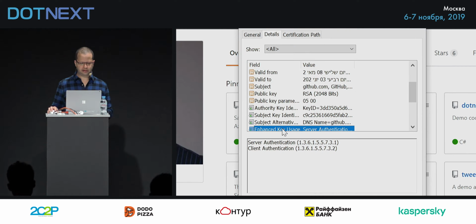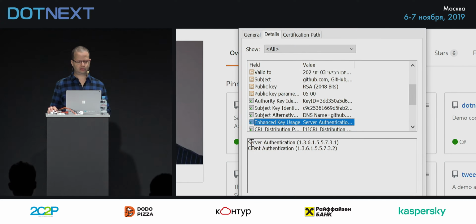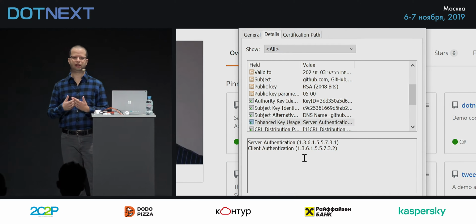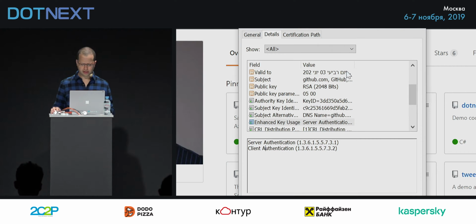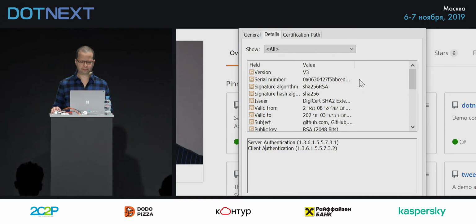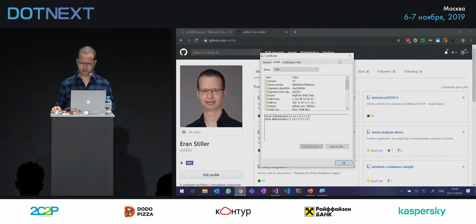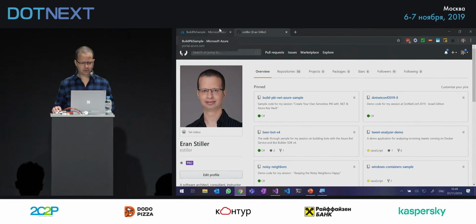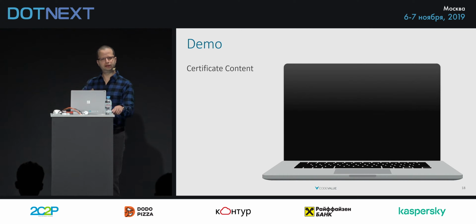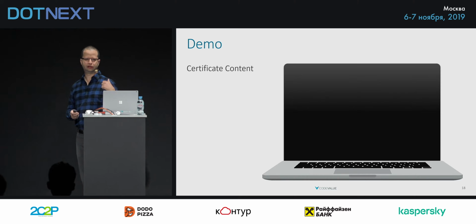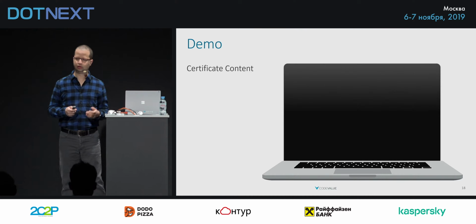I have something called enhanced key usage, server authentication, client authentication. This is what the certificate is allowed to do. These are the allowed usages of the certificate, and so on. So I have a lot of information I can add on top of this certificate. So that's how our certificate looks like, and it's typically used in scenarios like this when we want to create a secure connection to a website.